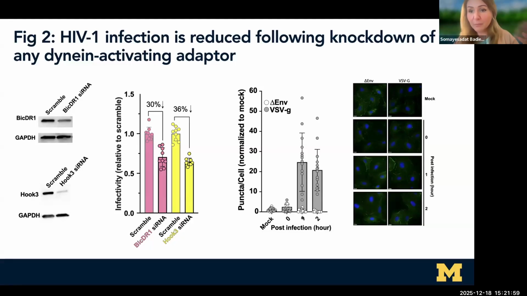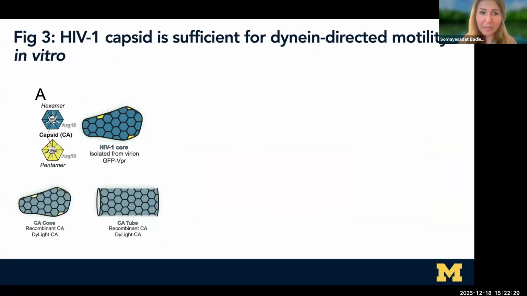There are even some other supporting data, not included in the paper but recently shown, that they are able to complement each other. If you knock down, for example, BICD2, you don't see any infectivity, but if you overexpress Hook3, the infection gets back to 100%. So they are able to complement each other as well. So this indirectly shows that what we have seen in vitro is something that's happening inside the cell as well.